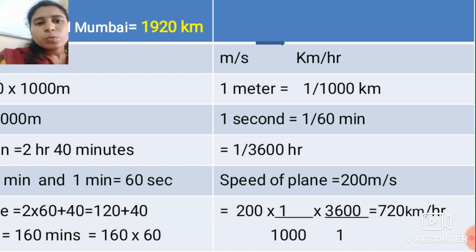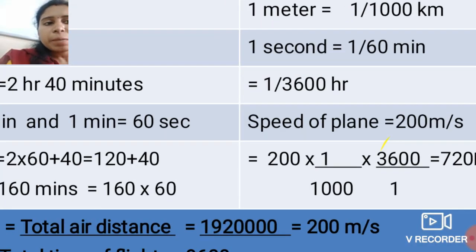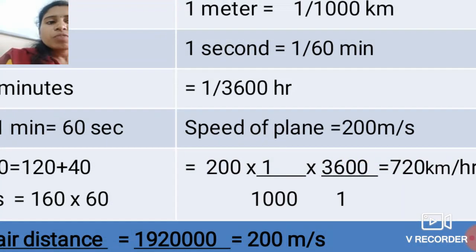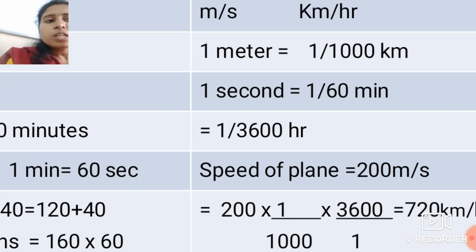So what will you do? First we can see over here, 1 meter is equal to how much kilometer? So 1 meter is equal to 1 upon 1000 kilometer. Okay. So we can put this value over here in 200 meter per second. So we put 200 into 1 upon 1000 kilometers.